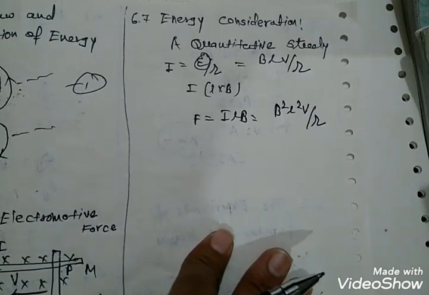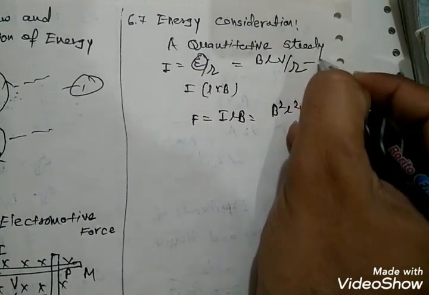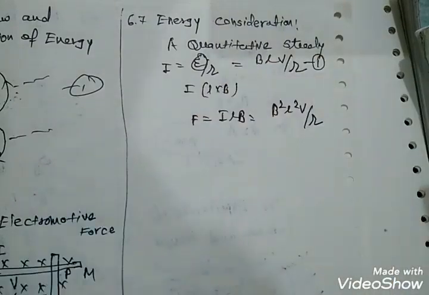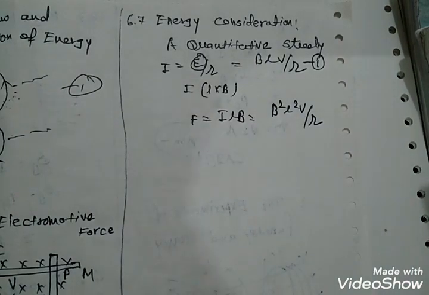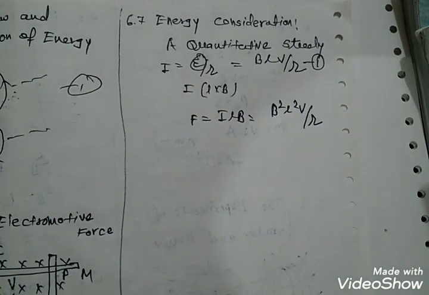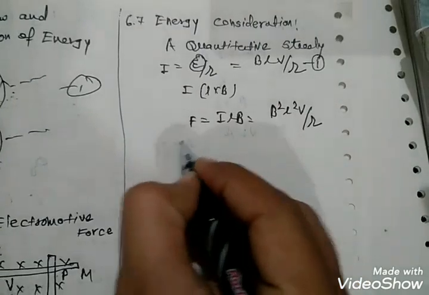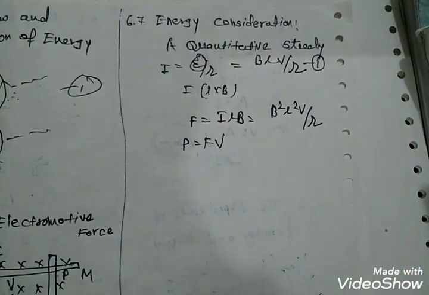Now in the next step, we use the above equation and note down the Lorentz force acting on them. Alternatively, the arm PQ is being pushed with a constant speed V. The power required to do this is P is equal to F into V, as in chapter number 6 of class 11 also.